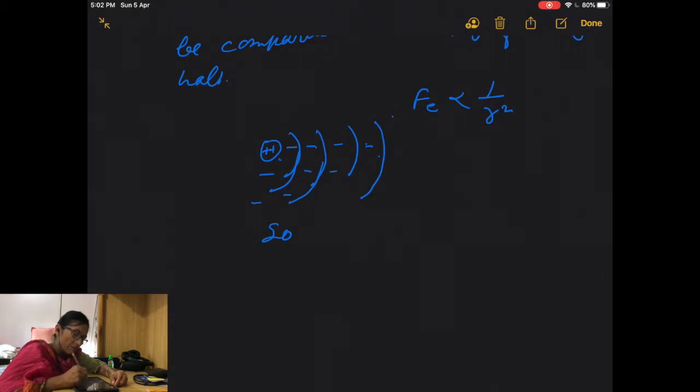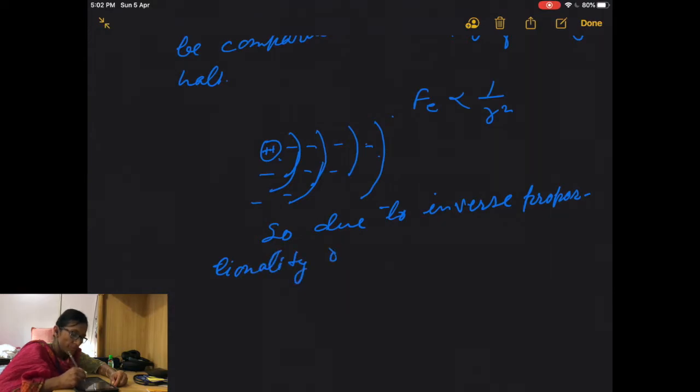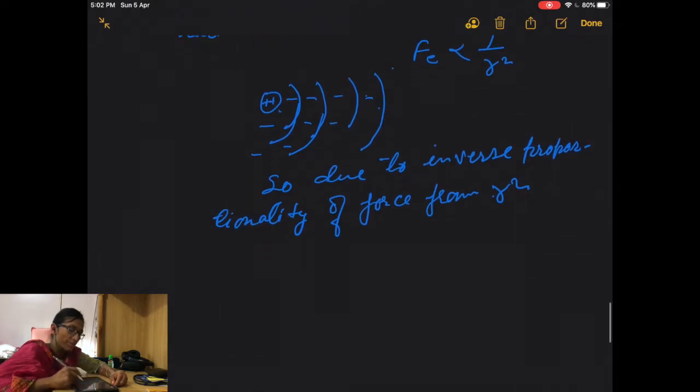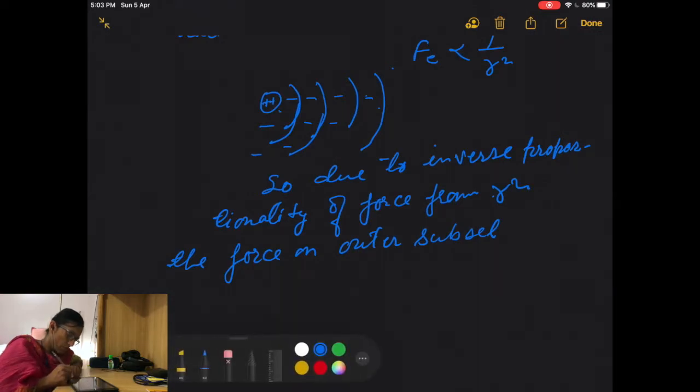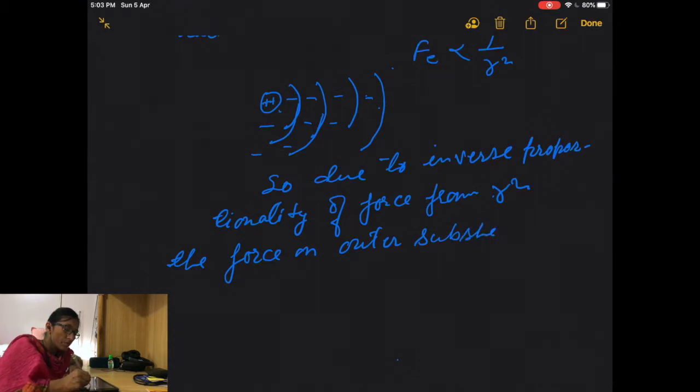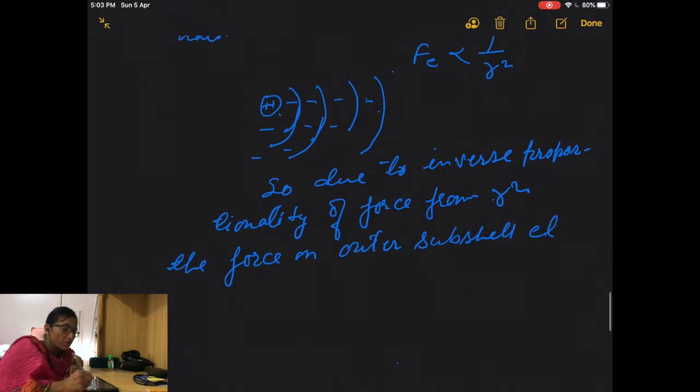So due to the inverse proportionality of force to distance squared, the force on outer shell electrons is small.